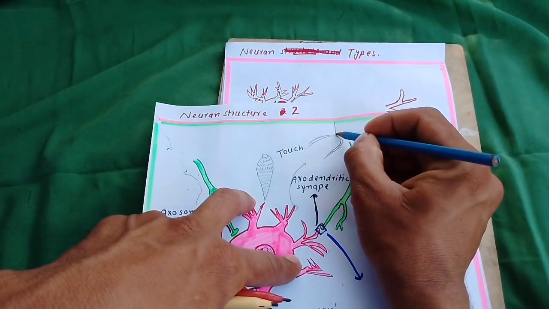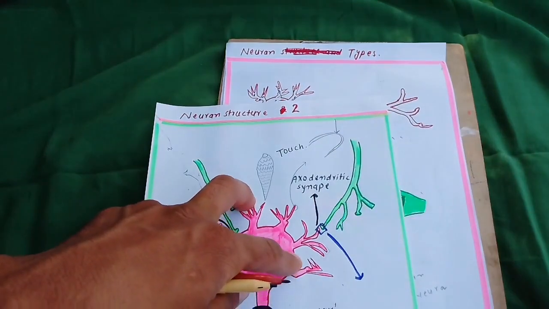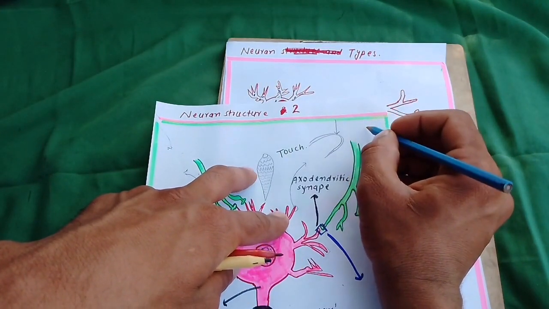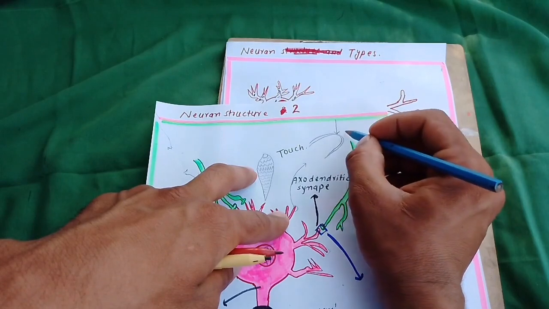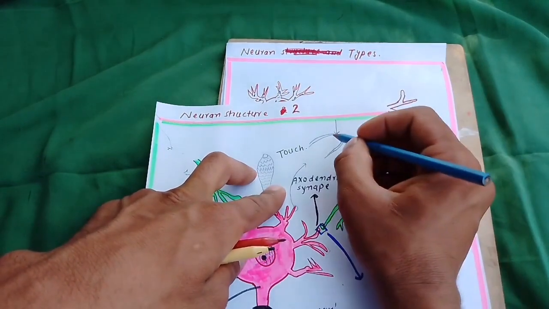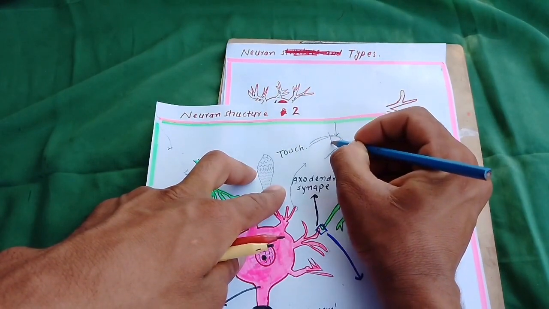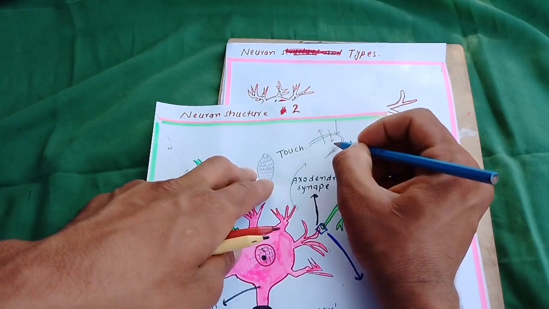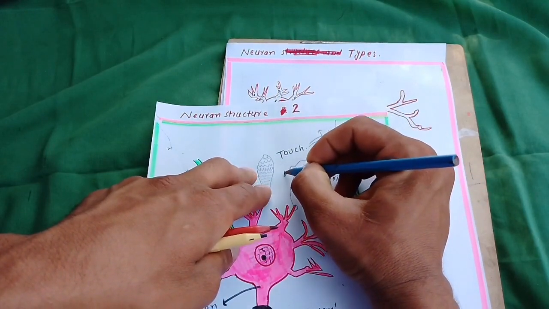When I touch this area, there is a macromolecule present. When I touch this area, this macromolecule undergoes some biological changes, and so sodium rushes inward while potassium rushes outward. So an action potential is produced here.